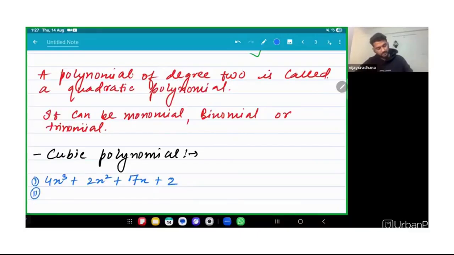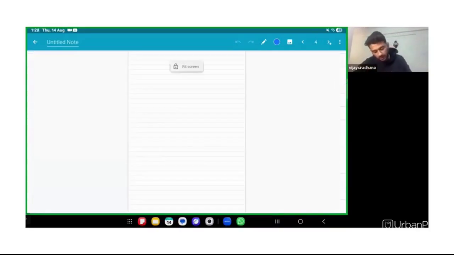The second one would be 12x cube plus 7x square plus 2. In both equations, the highest exponent is 3. Although there is 2, we should check for the highest exponent, which is 3. So that is known as the cubic polynomial.